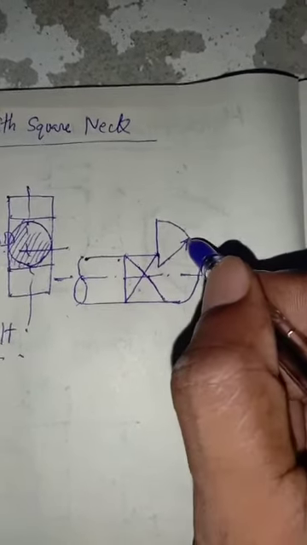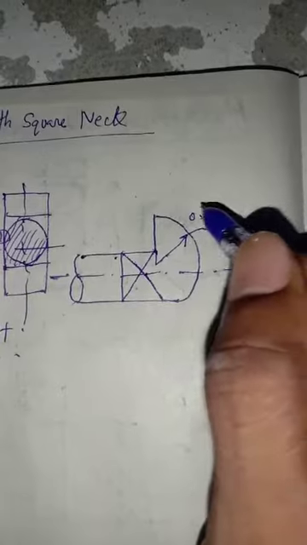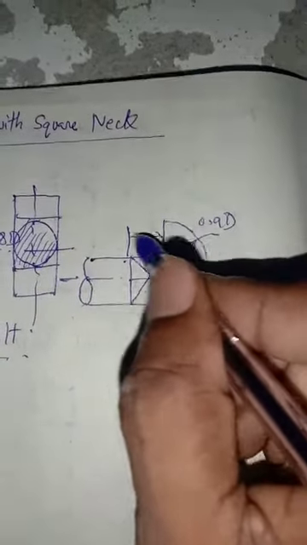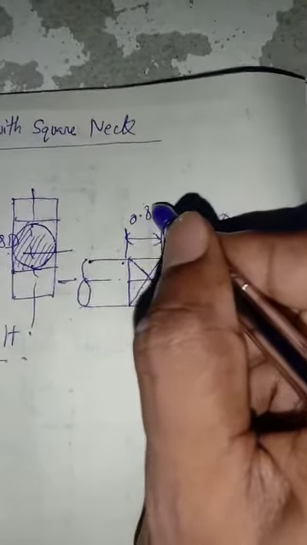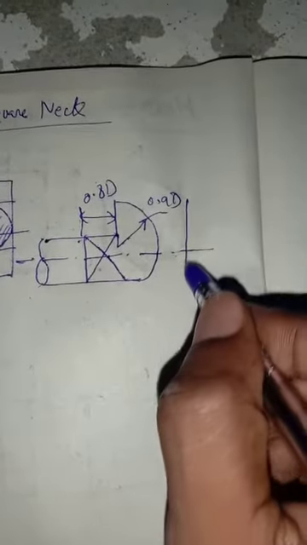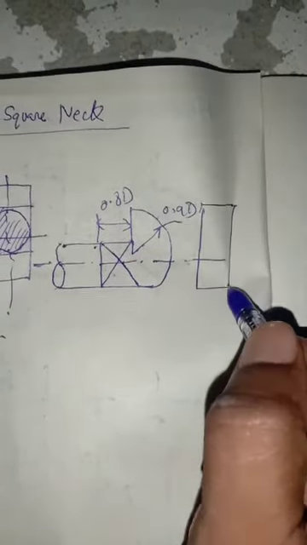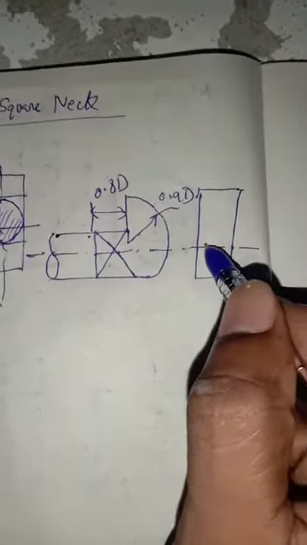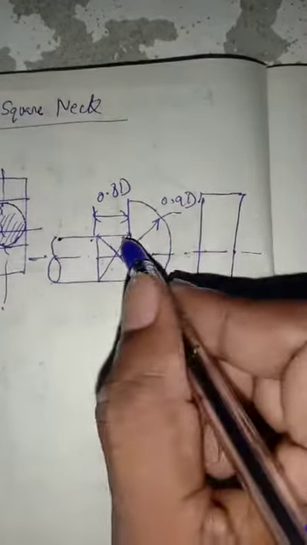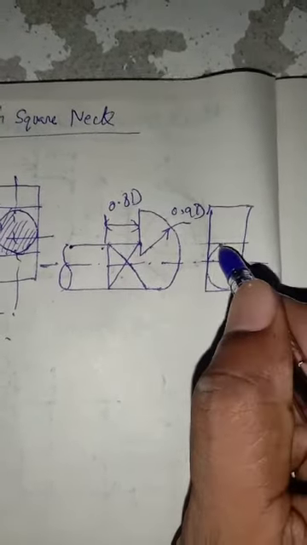We take this radius 0.9D. Okay, and then here to here distance is 0.8D. Okay, so then here we look at the side view of this. Okay, it will look like this, this is the projection of this, and now here is having circle.